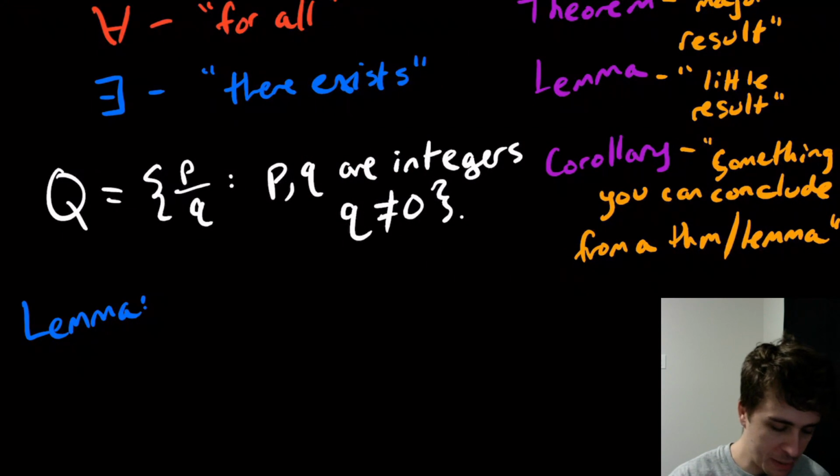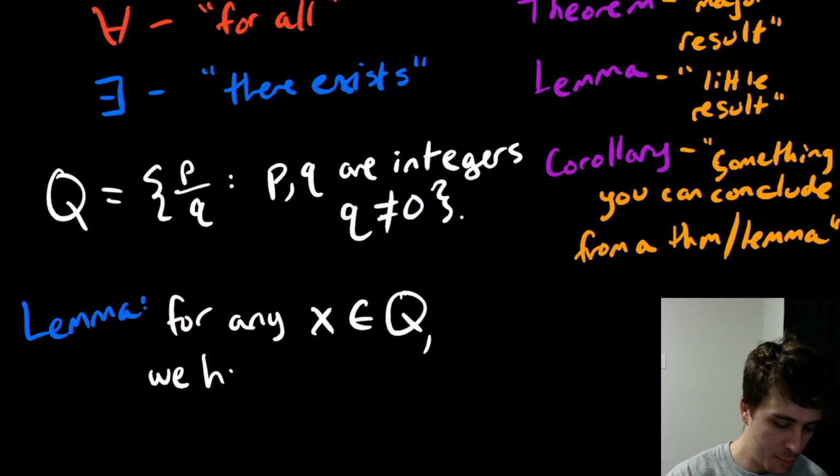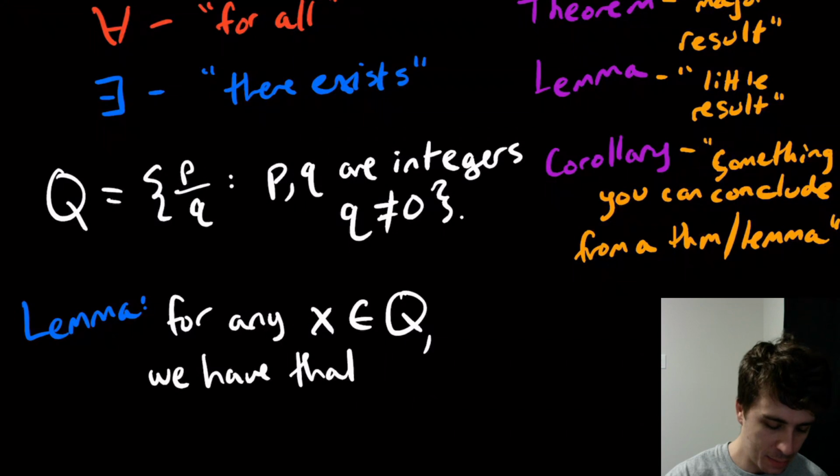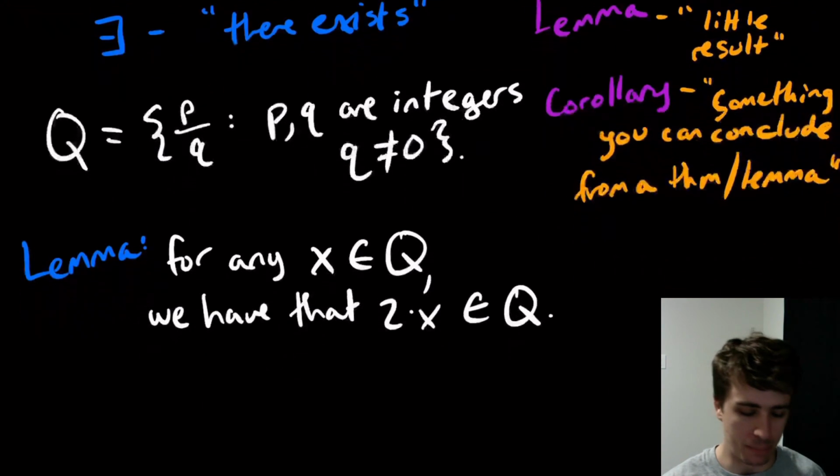For any x in Q, so this is saying that x is a rational number. Remember, Q is the set of rational numbers. So for any rational number, we have that 2 times x is also in Q. Okay, so this is saying if you have a rational number and you multiply it by 2, the resulting thing is also a rational number.